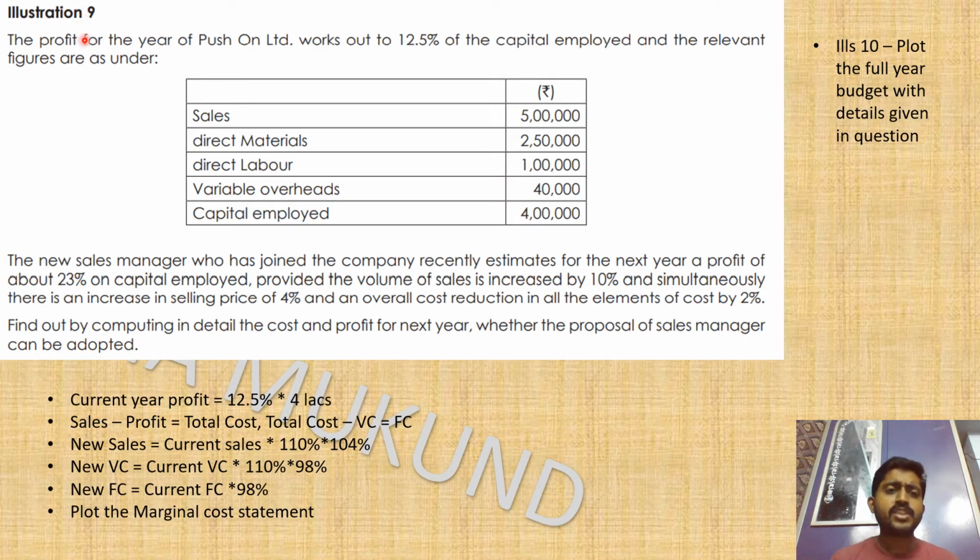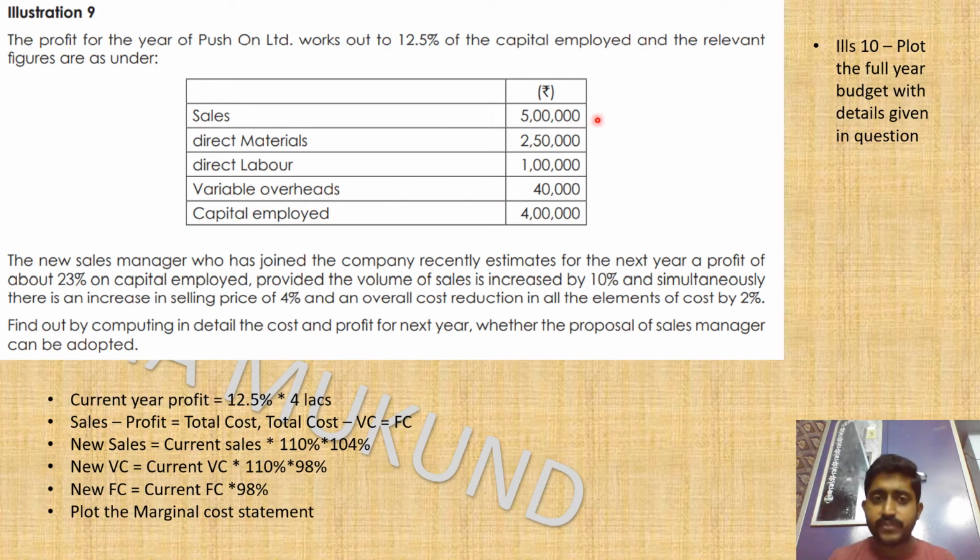I have not worked out this problem in detail because this is very easy, and we have been discussing this type of problem right from our marginal costing topics. The profit for the year for Pushon Limited works out to be 12.5% of capital employed. So the capital employed figure should be taken, and 12.5% of it is the profit for the year, and the relevant figures are as under.